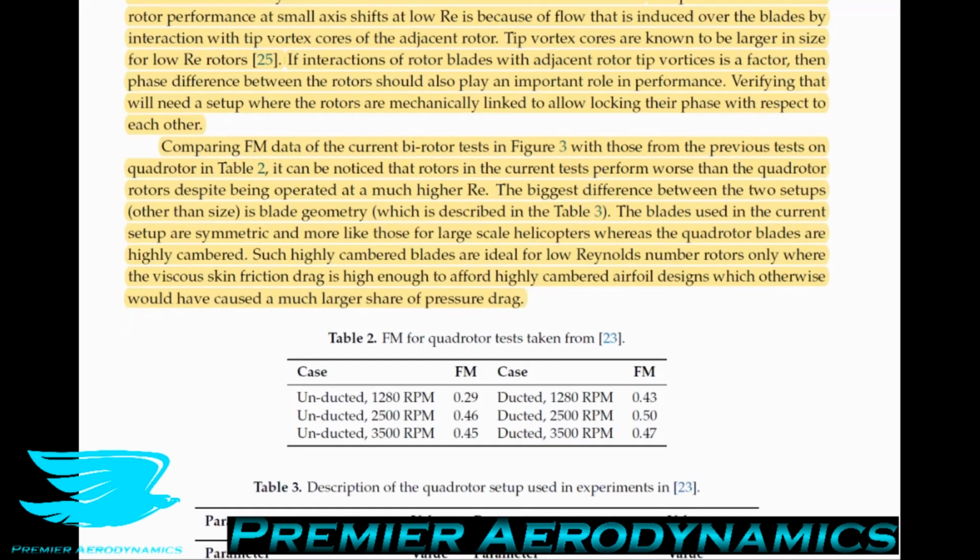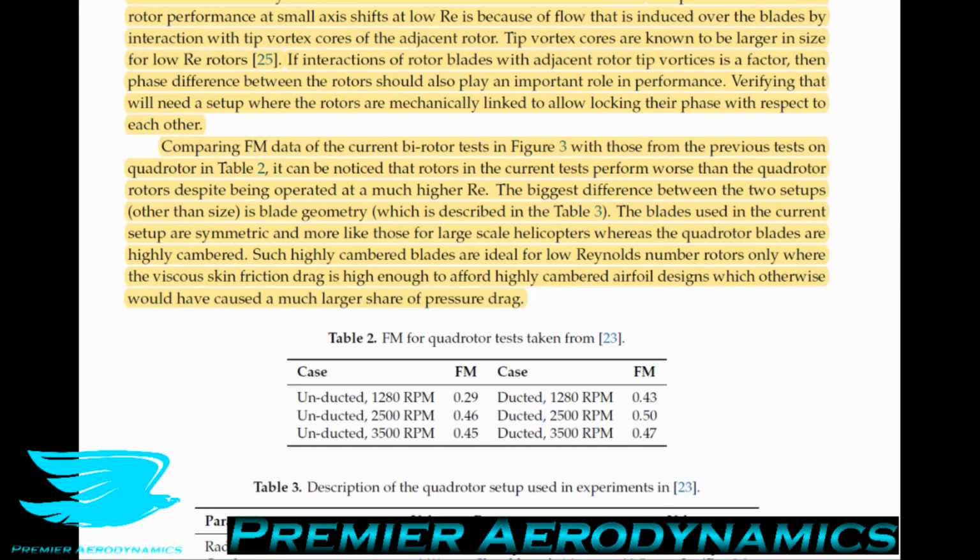So moving on now. They then compare the figure of merit data for the current bi-rotor tests with those from the previous tests on the quad rotor, which they did in a previous research campaign. It can be noticed that the rotors in the current tests perform worse than the quad rotor rotors, despite being operated at a much higher Reynolds number. The biggest difference between the two setups, other than the size, is blade geometry.